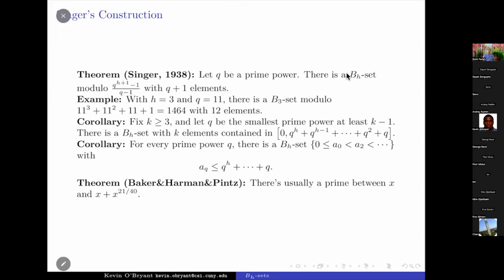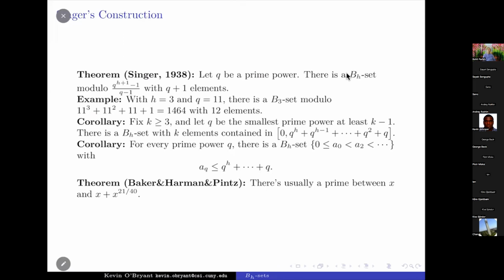So this gives us B sub H sets with a prime power plus 1 elements. But not every number has that form, luckily. Number theory is interesting. If you just pick a k and I ask for a B sub H set with k elements, we can still kind of jerry-rig that.